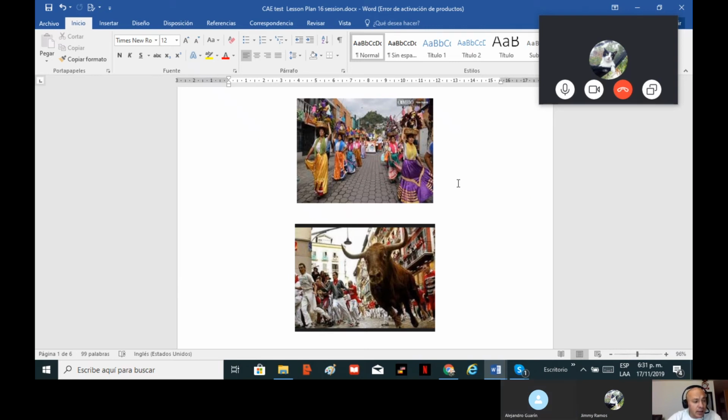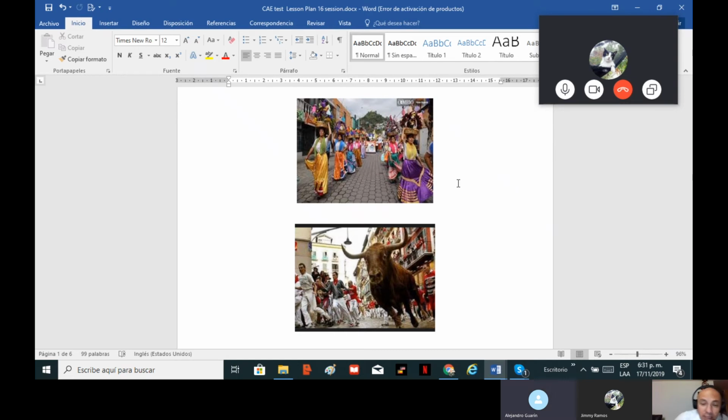They are a party from Spain, I think. I think this woman seems to be very happy, and the man seems to be scared. I know because they are running from the bull.